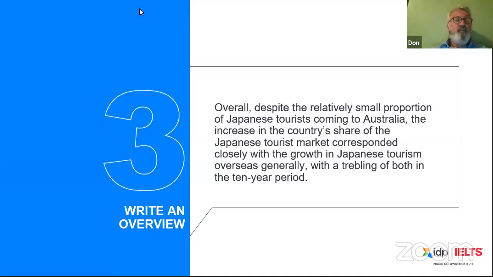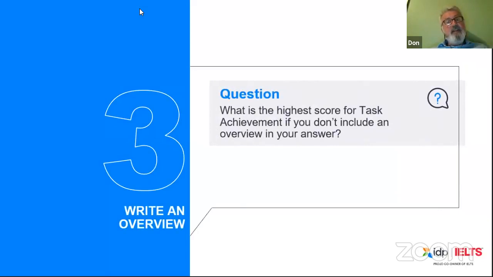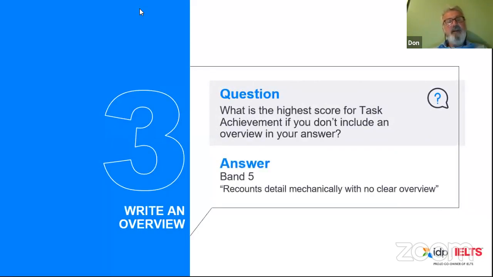You could say full stop and then make another sentence. It trebled in the 10-year period. If you forget that overview, then you will only get a band 5 for the first criterion. So make sure you do summarize the main features in one paragraph, usually the final paragraph.